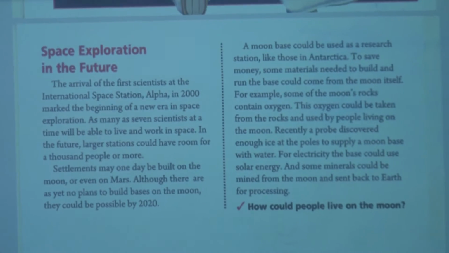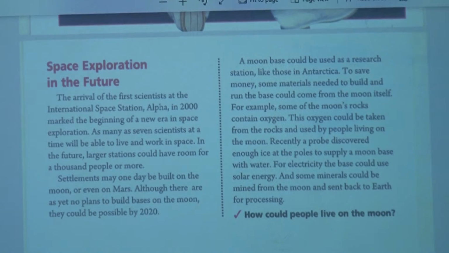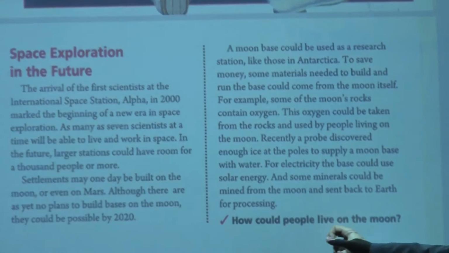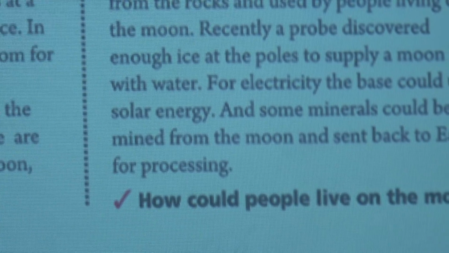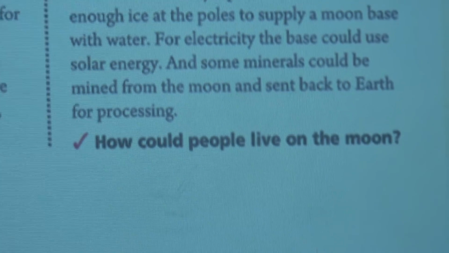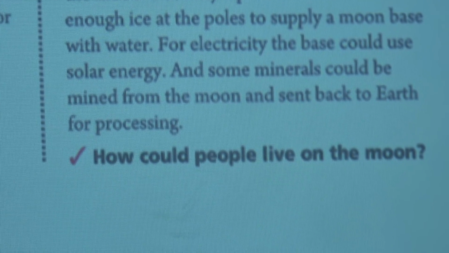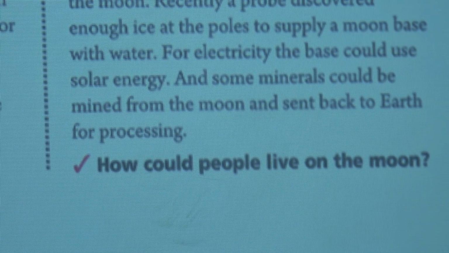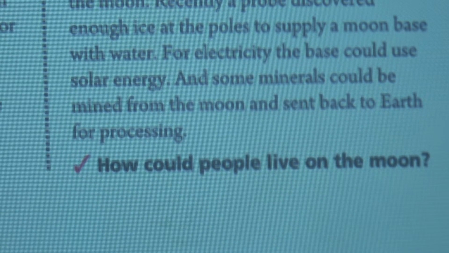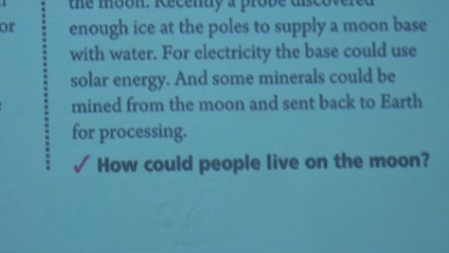Okay, and here we have a question. How could people live on the moon? If scientists observe that there could be life on the moon, how would it be? They observed oxygen on the moon, inside the rocks.